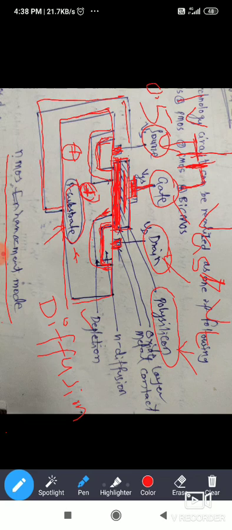to source voltage. If you apply 0.5 volts, because of the positive ions at the gate and electrons in the p type substrate, these electrons are attracted toward this insulation layer.